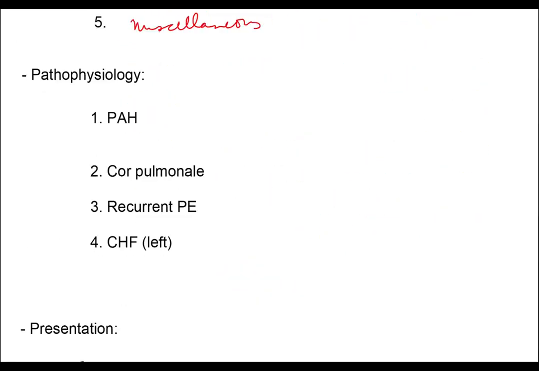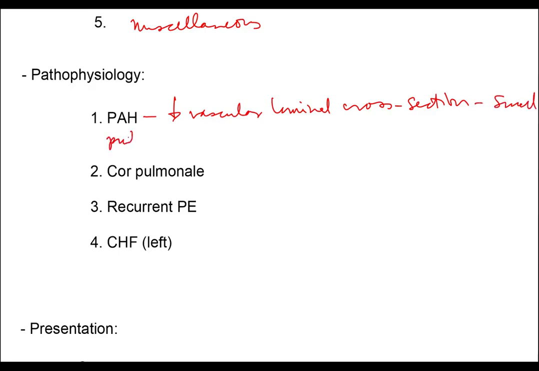So let's take a look and make sure we can do the pathophysiology for each of these. Remember that when we talk about pulmonary artery hypertension, formerly called primary pulmonary hypertension, this is when we have a decrease in our vascular luminal cross-sectional area. And this is mostly going to be due to diseases of the small pulmonary vessels. Because the small vessels, just like anywhere else, those are going to be our resistant vessels.